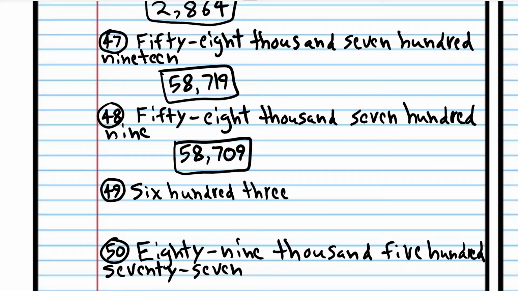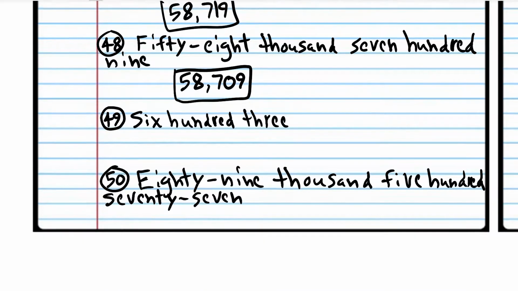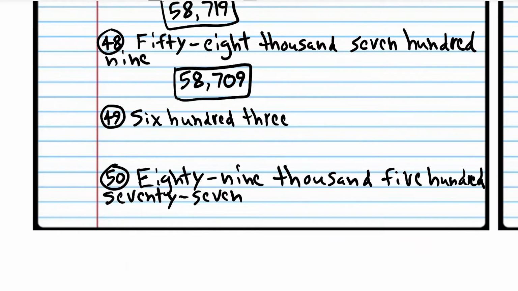Instead of saying 58,719, I said 58,709. So those numbers are pretty similar. Just a slight difference there. So number 49, try 49. Pause the video. See what you can do, and when you come back, we'll do it together.